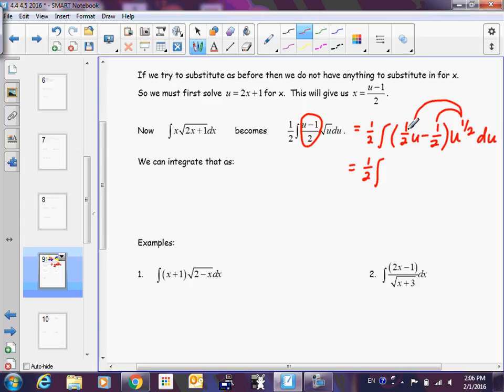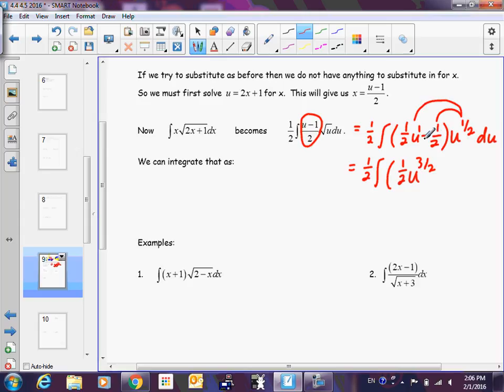When you multiply 1/2 u times u to the 1/2, you are going to get 1/2 u, and the power on u will be, if you add those two powers, just because that's the rules of exponents, 3/2. Not because I'm integrating, but just because I'm multiplying 1/2 u times u to the 1/2.